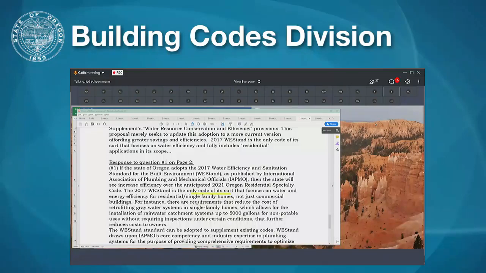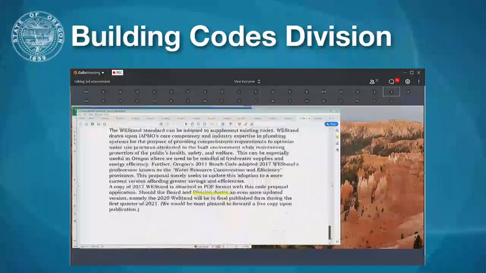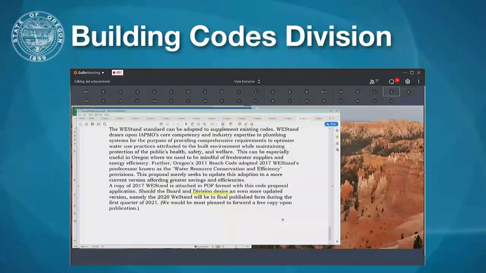And the beauty of WeStand is it applies to all applications, residential, single family, multifamily, commercial, industrial, and so forth. So basically this is updating Oregon, which is a very sustainable and forward thinking state, to the latest edition of the WeStand document.